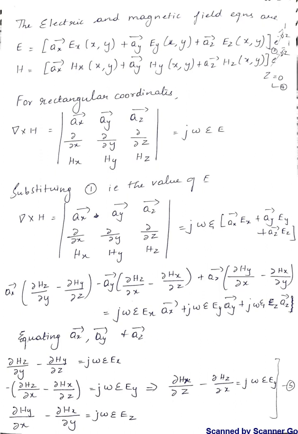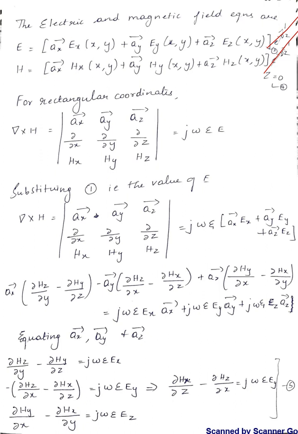Then the next step we have seen there is the electric and magnetic field equations. These are the electric and magnetic field equations, that is for E, Ax vector Ex of x comma y plus Ay vector Ey of x comma y plus Az vector Ez of x comma y e power minus gamma z.